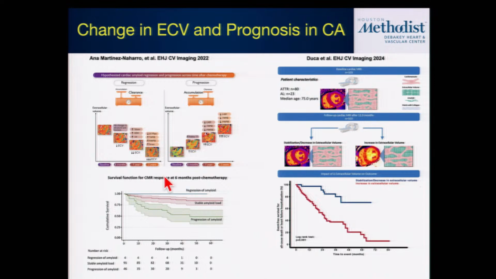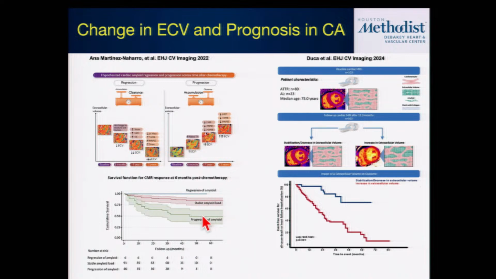On the left-hand side is a European study where they looked at patients that all had AL amyloidosis, quantified the burden of abnormality in the myocardium using extracellular volume mapping, and then patients went on to get treatment with chemotherapy for their AL amyloidosis. They reclassified the extent of extracellular volume expansion.